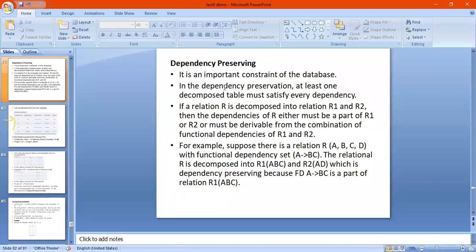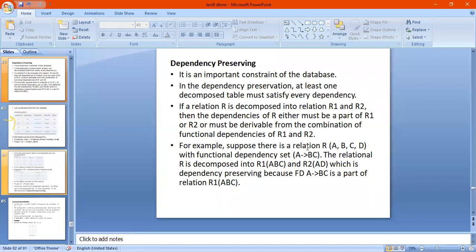Dependency preserving. It is an important constraint of the database. In dependency preservation, at least one decomposed table must satisfy every dependency. If the relation R is decomposed into relations R1 and R2, then the dependency of R must either be a part of R1 or R2 and must be derived from the combination of functional dependencies of R1 and R2, as we have seen earlier.